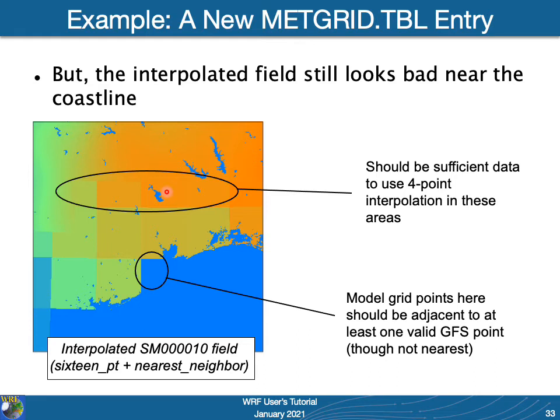So rather than using a 16-point interpolation scheme, as we get closer to land-sea boundaries, we might be able to switch to a 4-point interpolation, which is basically a bilinear interpolation. And for some of these points in our model domain, for which the nearest GFS point was a missing point, perhaps instead what we could do is to interpolate or average from any of the surrounding valid GFS points, rather than simply taking the nearest GFS grid point.